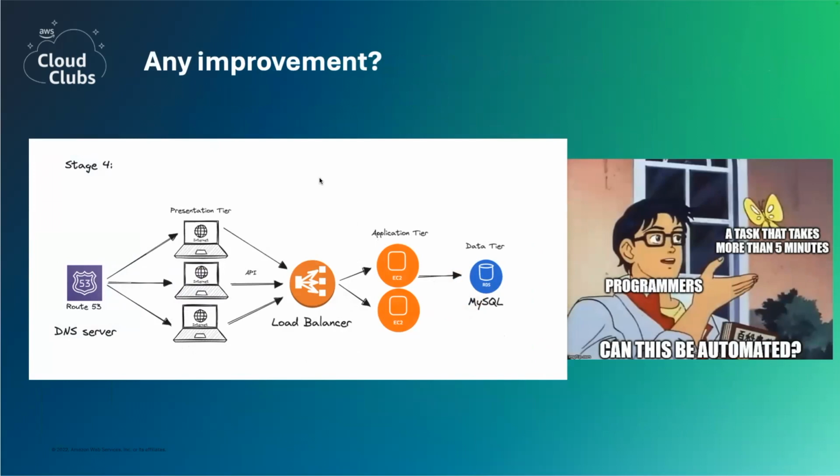Any more improvements? Another issue we might be facing is that at the moment we only set 2 EC2 instances. If more requests are coming in, we obviously need to manually add those EC2 instances. And as a developer, you don't really want to do that, because you want to automate everything. Even if sometimes it takes longer to write the automation code than to do it manually, it's still a good habit, just in case someone forgets.